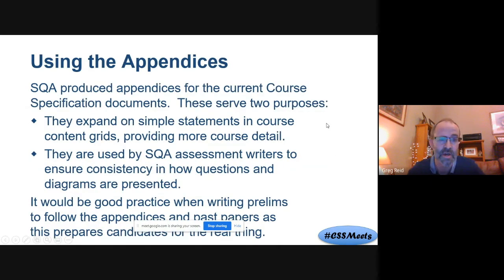And lastly, using the appendices. When we did the courses a few years ago, we took a decision to try and fix something that I think had been wrong, certainly since I'd started teaching, in that some of the detail given in previous arrangements of the courses was quite vague. I remember in Higher a couple of versions ago, it simply said HTML and nothing else.